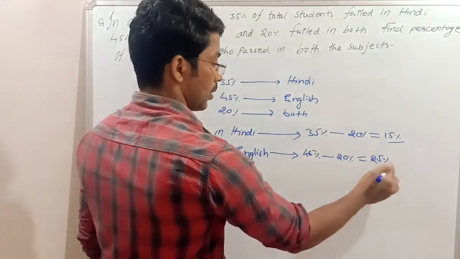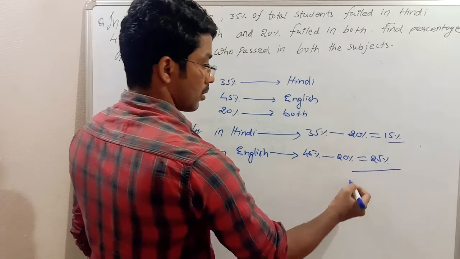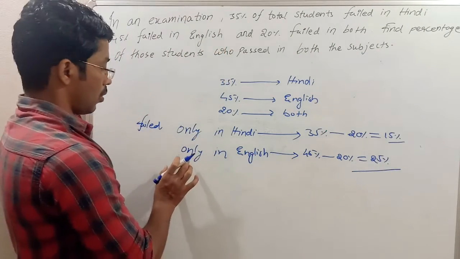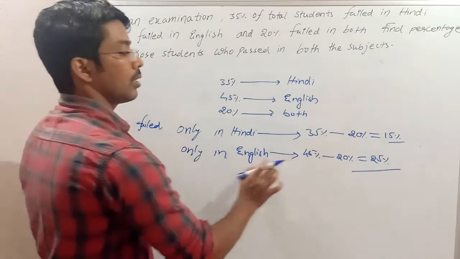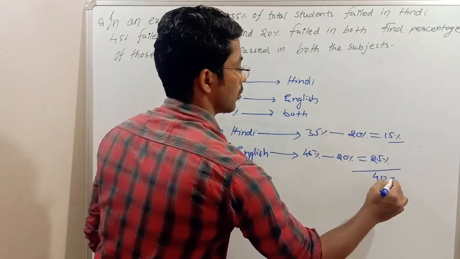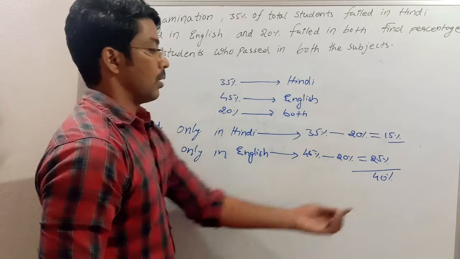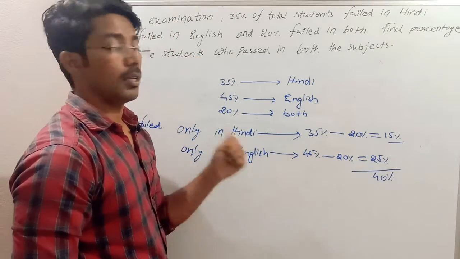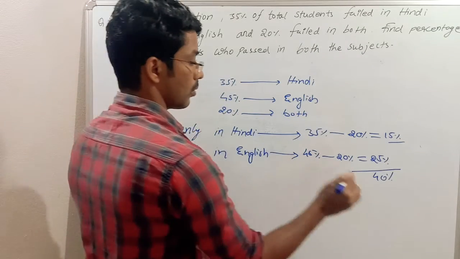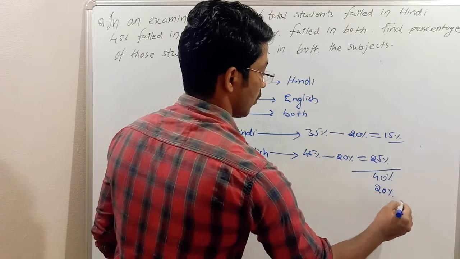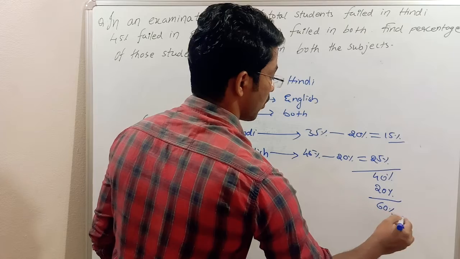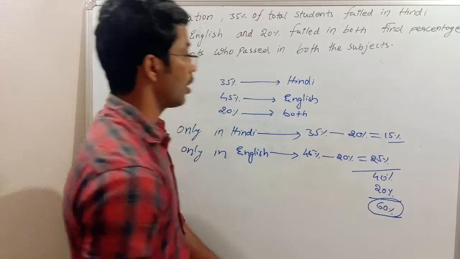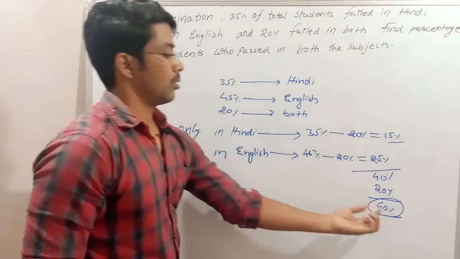So the percentage of students who failed only in Hindi and only in English is 15 plus 25, which is 40%, and 20% failed in both. So the total number of students who failed is 60%.